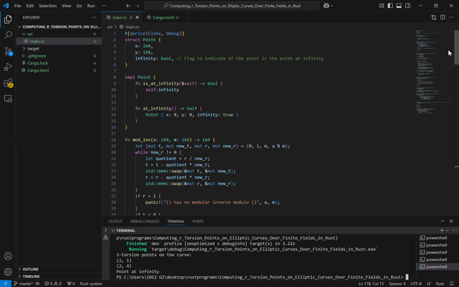So I'm interested in the functions. The function to implement a point at infinity. So the function is_at_infinity, then self.infinity, then the function at_infinity.